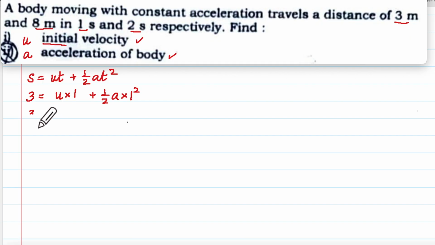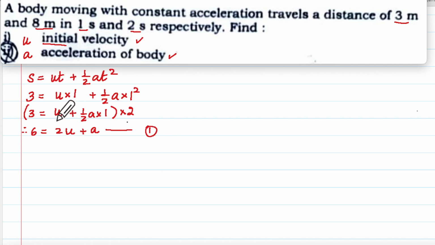That gives us 3 equal to u plus half a into 1. Now if you multiply the whole thing by 2, we can get rid of this denominator. So we will have 6 equal to 2u plus a, as this 2 and this 2 get cancelled. And this is our equation 1.